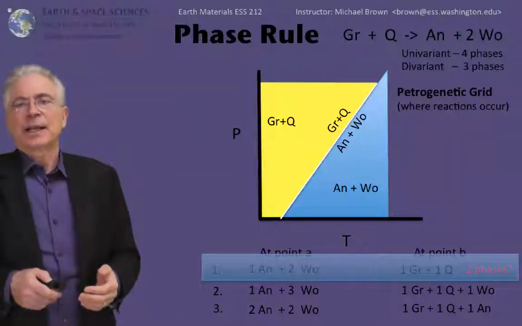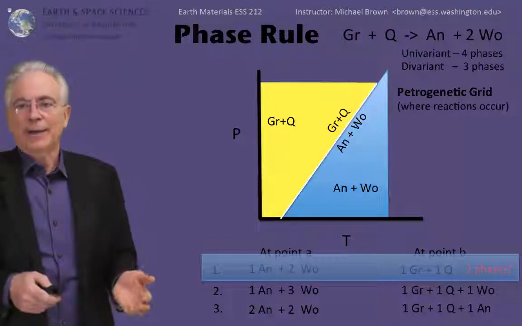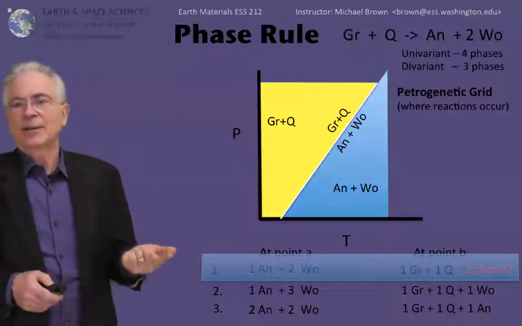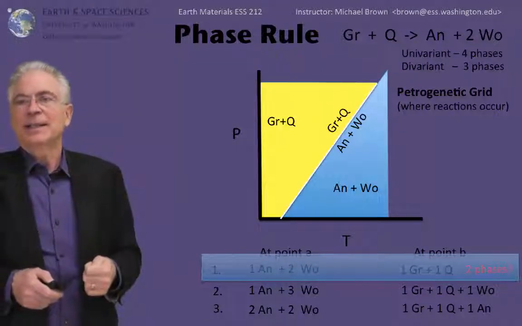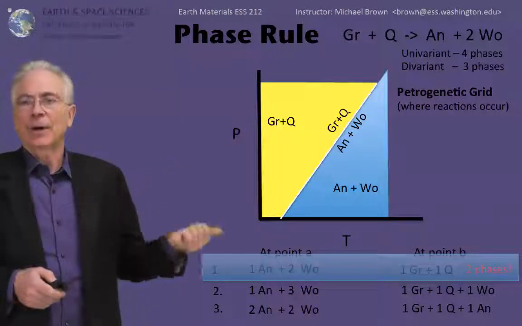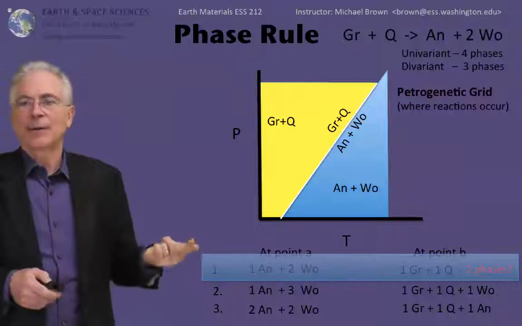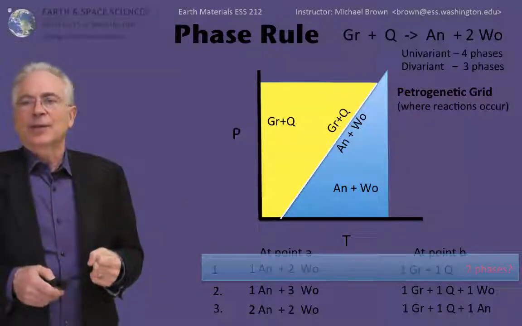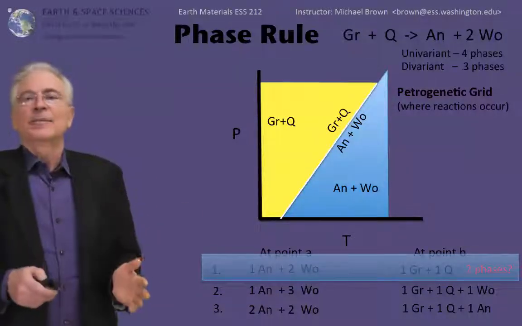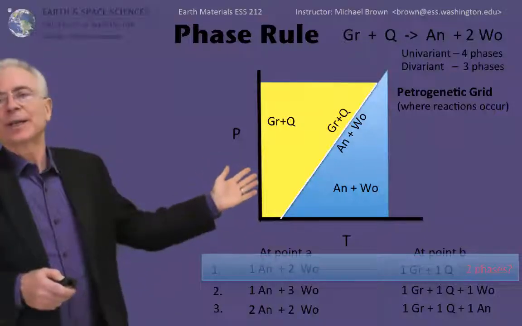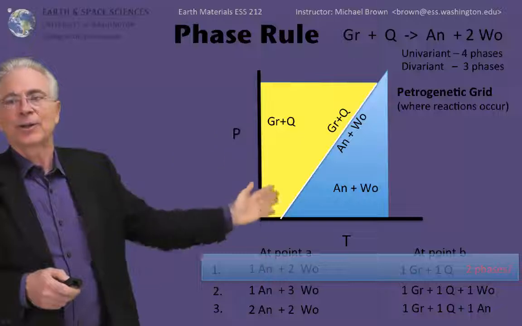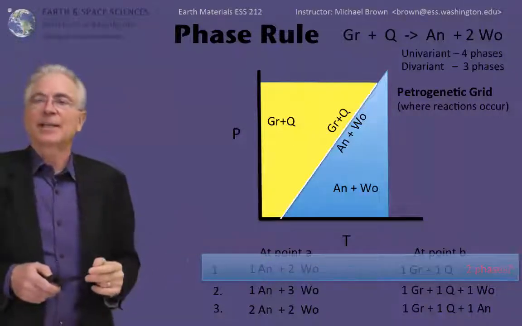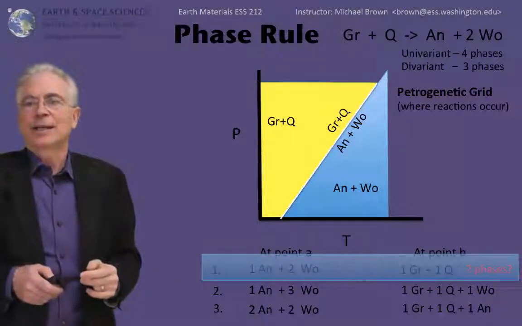So for instance, if in the blue area we have 1 mole of anorthite and 2 moles of wollastonite, then in the yellow area we're going to have 1 mole of grossular garnet and 1 mole of quartz. So the correct phase diagram showing here is grossular plus quartz at high pressure and anorthite plus wollastonite at higher temperatures.